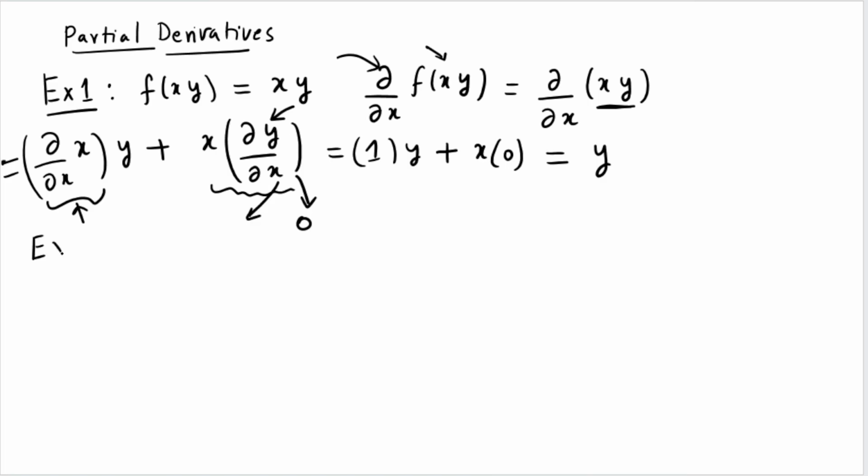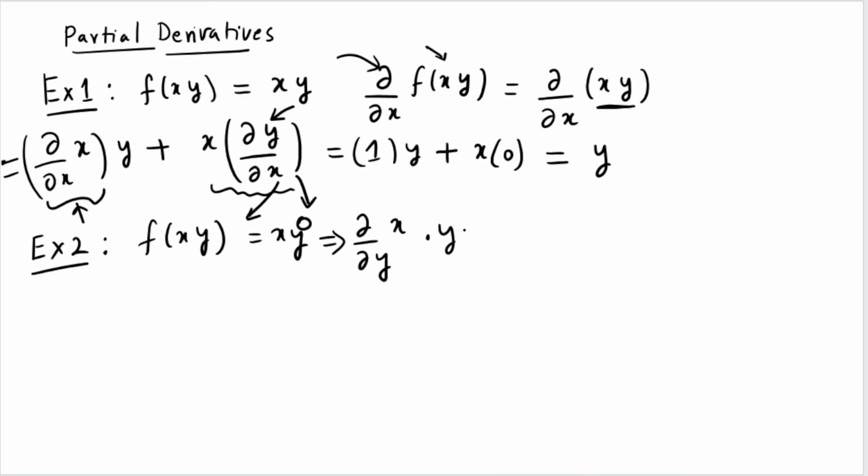Now let us use the same function and calculate the partial derivative with respect to y. As before, we can write this as ∂/∂y of x times y plus x times ∂y/∂y.